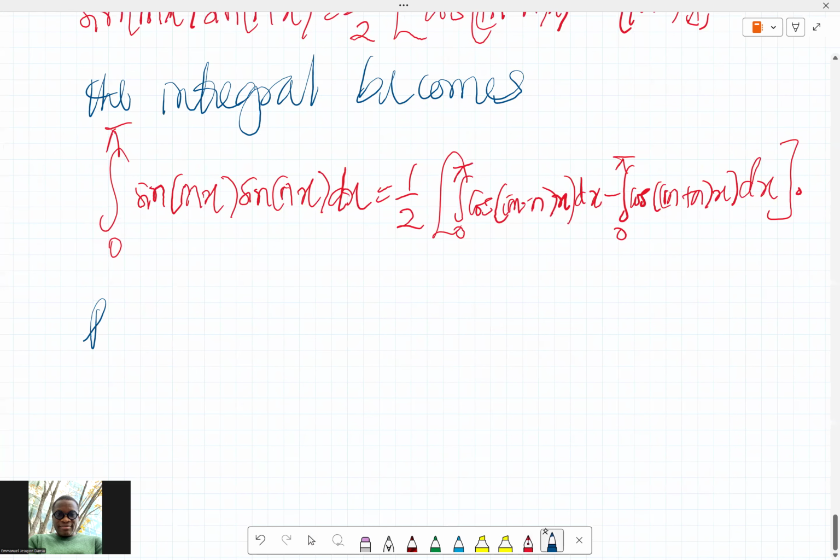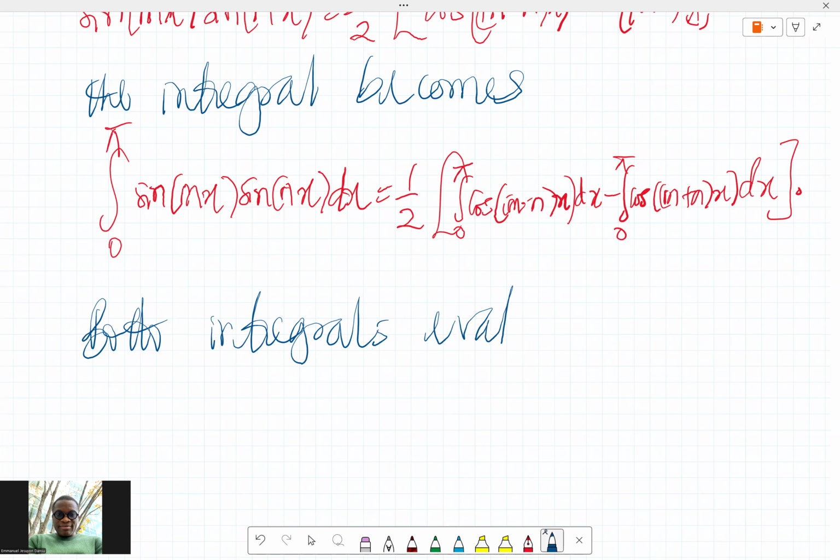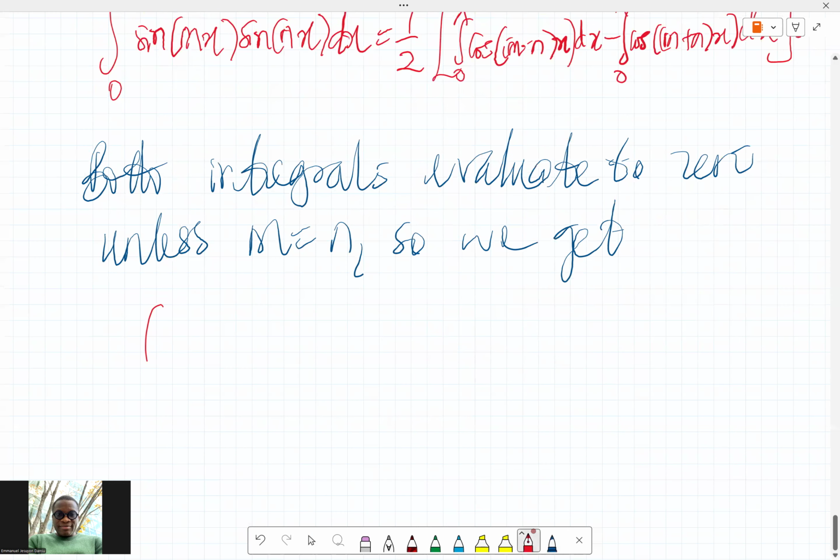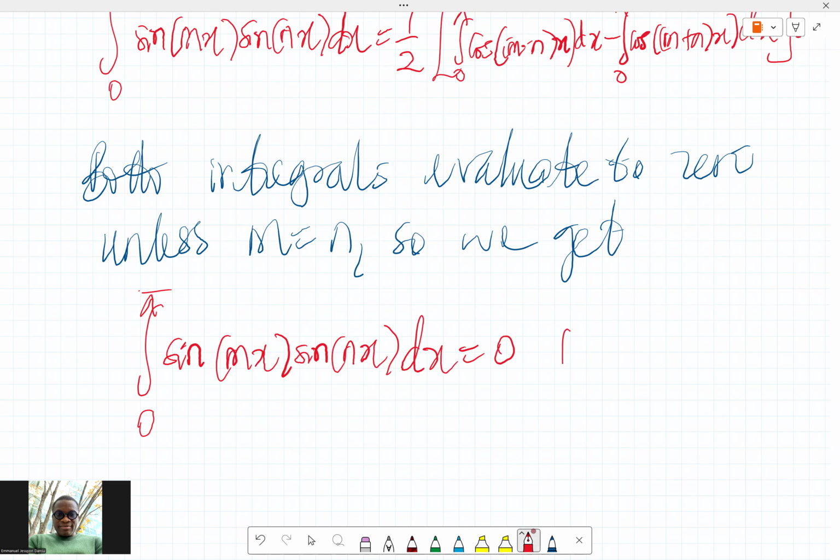So both integrals evaluate to 0 unless m is equal to n. So we now get the integral from 0 to pi of sine mx sine nx dx is equal to 0 for m not equal to n.